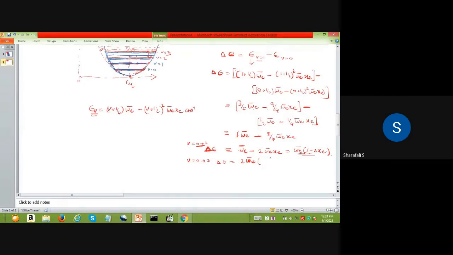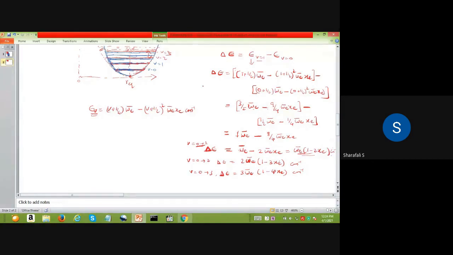Anyway, it is 2 omega E bar times 1 minus 3xc, this much centimeter inverse. And in the case of v equal to 0 to 3, we have delta epsilon equal to 3 omega E bar times 1 minus 4x. Just check this 2 and 3, I think I have missed that. So this much centimeter inverse corresponds to those transitions.